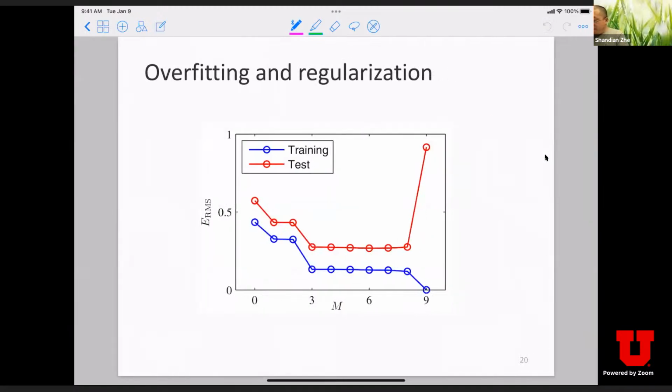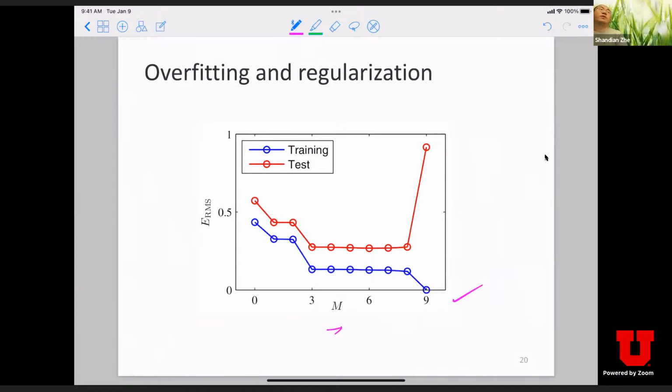We can view the overfitting issue from another commonly used type of plot, right? On the x-axis, we increase the number of polynomial terms, which means I'm increasing the complexity of my model. On the y-axis, I examine the error. We have 2 types of error: the training error and the test error, right?